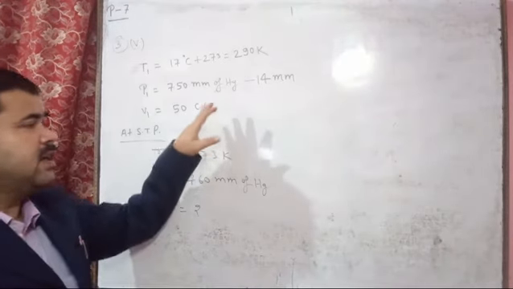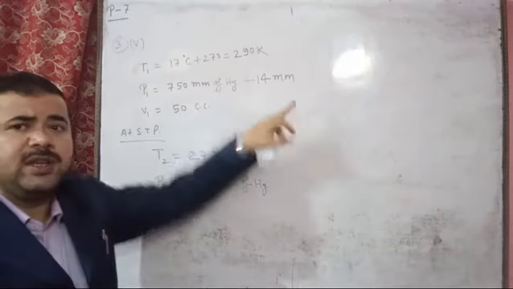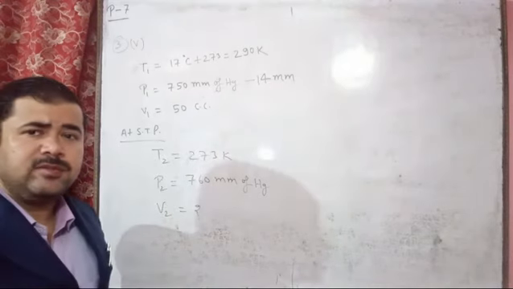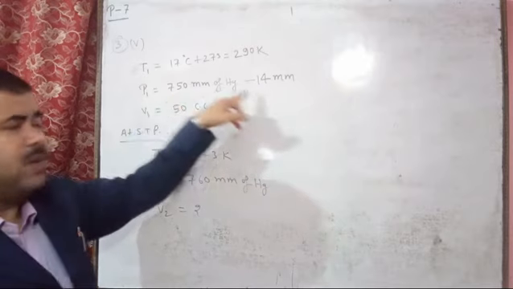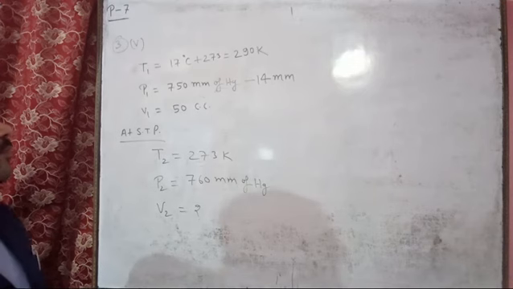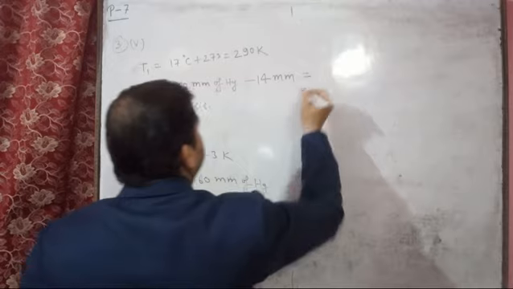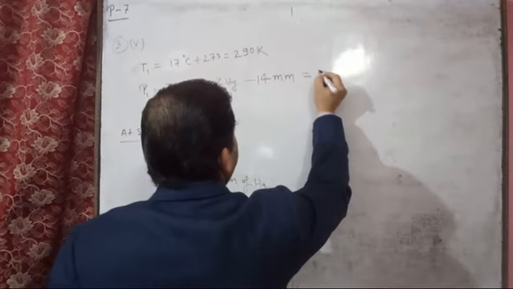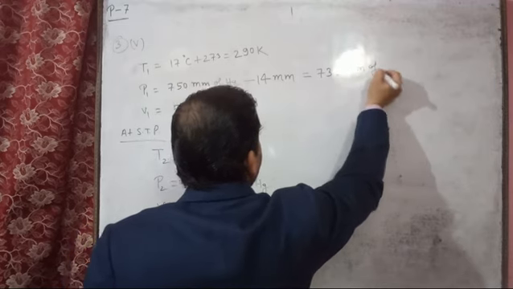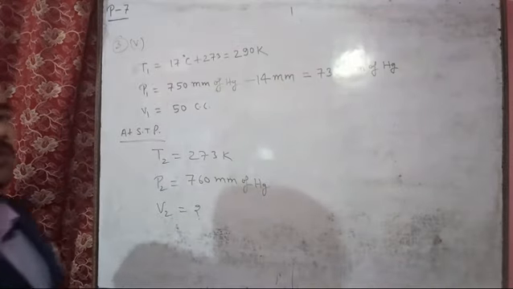So the resultant value will be 750 minus 14, which is 736 mm of Hg.